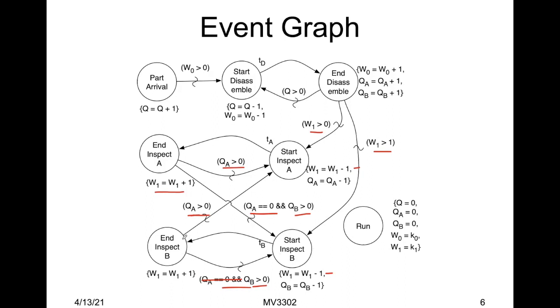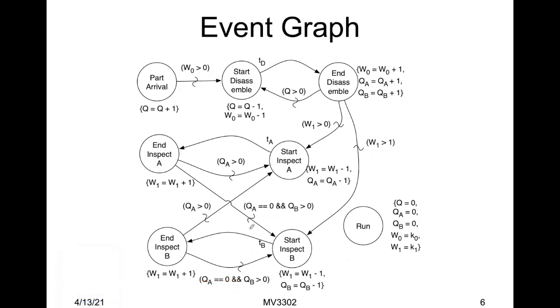In other words, if we leave this condition out, this worker can inspect both A and B at the same time. And that is not physically possible.